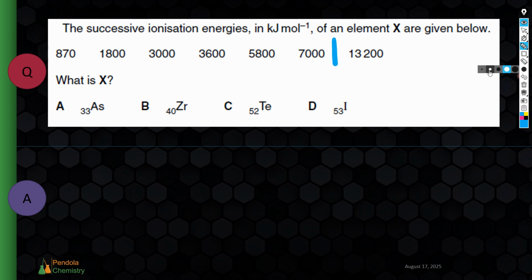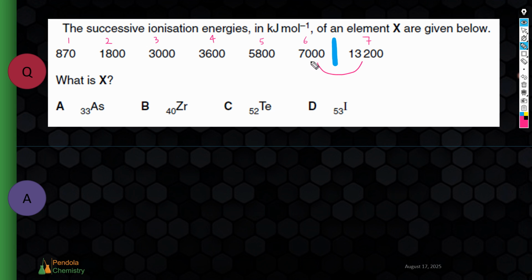If we go back and number these, this is the first ionization energy, second, third, fourth, fifth, sixth, and seventh. So the big jump happens between the 6th and 7th ionization energies.